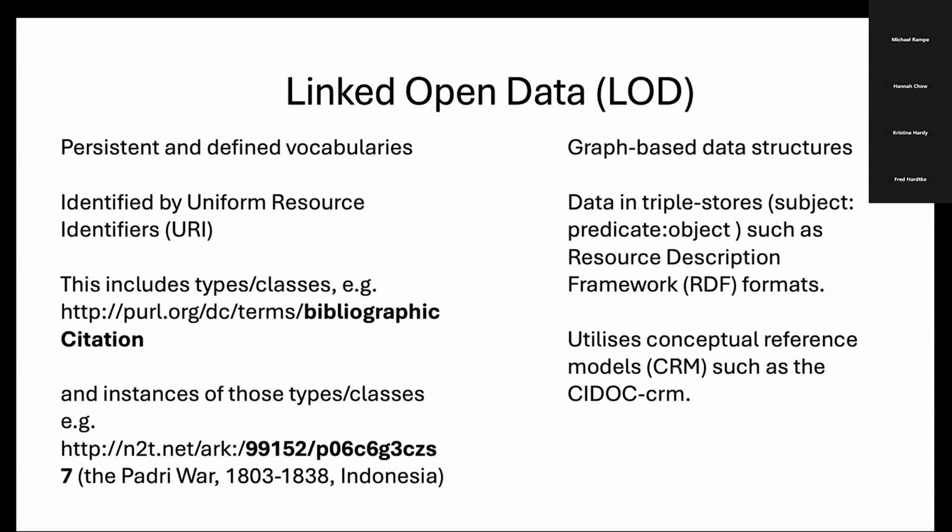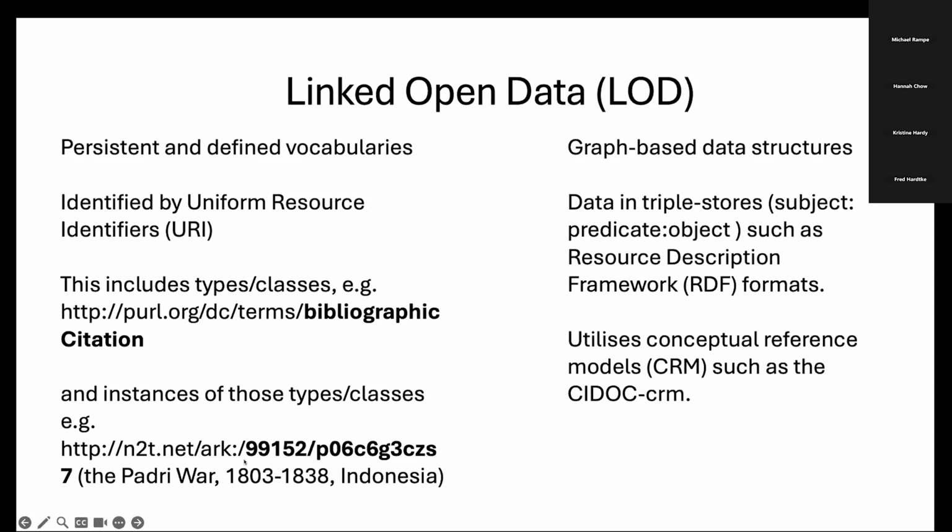But they have to be persistent, so they have to last for the foreseeable future. And the other thing about linked open data is that it's in a graph-based structure, so it's not relational database tables. And the data's in triple stores usually, and ideally meets models such as CIDOC CRM.